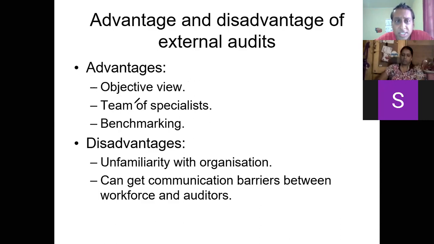Another advantage is that the external person would be a specialist. So unlike the internal person, you can probably say that this person is a professional, this person is trained in, this person would have had a degree. This person would have a degree and years of experience in auditing itself, right? Or in that specialist field, right?